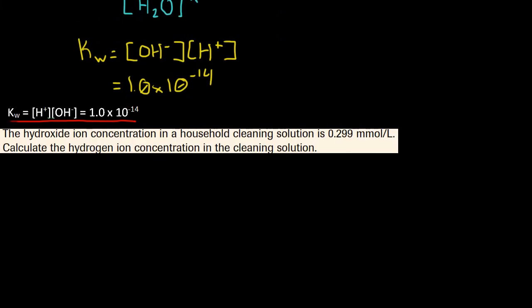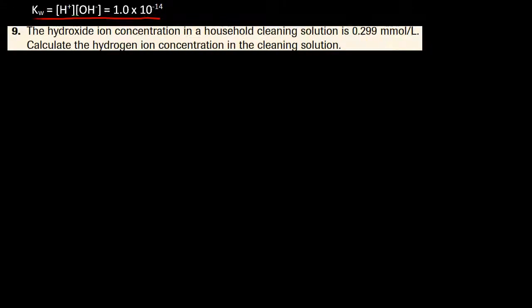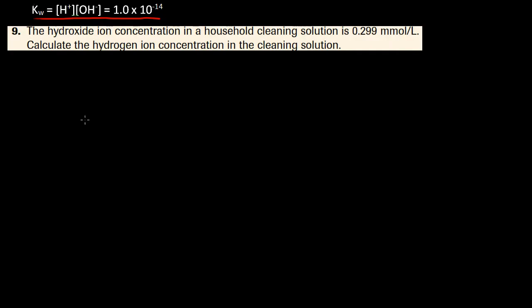So that brings us along nicely to our first problem here. In this problem, we're looking for the hydrogen ion concentration of a base. So let's read through this problem and see what's needed. It says the hydroxide ion concentration in a household cleaner is 0.299 moles per liter.